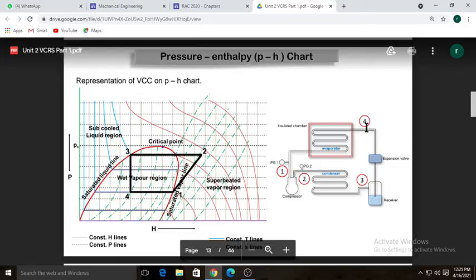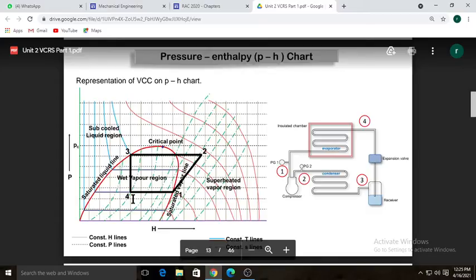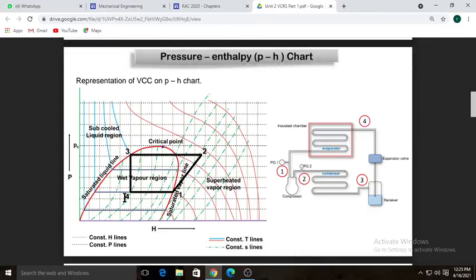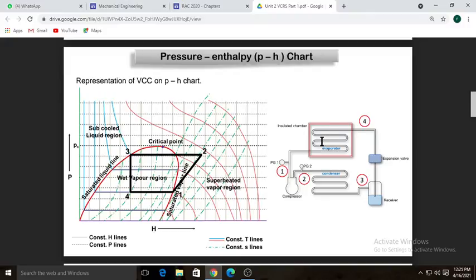Then at point 4, this liquid refrigerant comes inside the evaporator. Because of the reduction in pressure, the temperature of the liquid refrigerant also falls, and when it enters the evaporator, it starts to absorb heat from the evaporator area, producing the refrigerating effect.